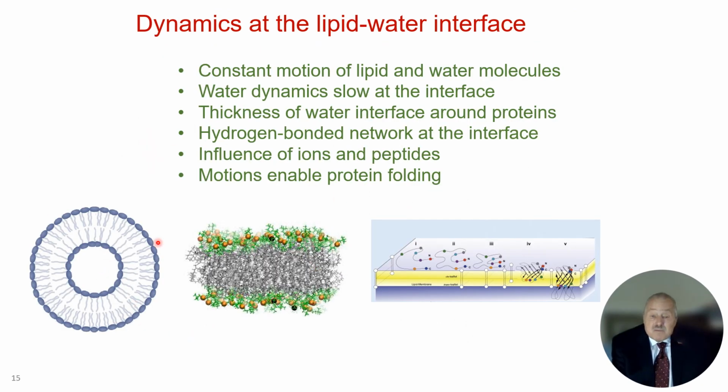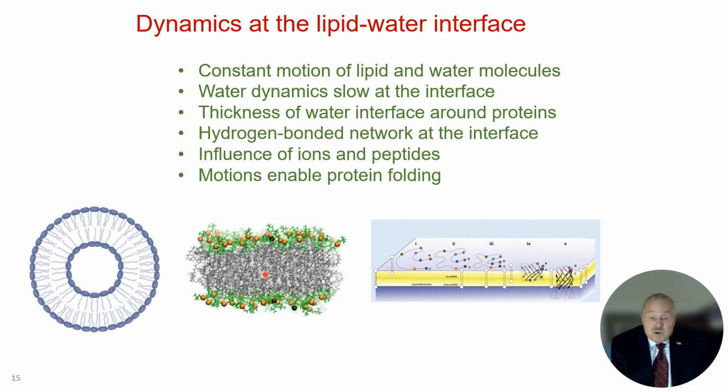So let's switch to some biological application. What is the dynamics at the lipid-water interface? Because we just showed emission spectra of prodan, where the head group would be located at the lipid-water interface. And this is important for a variety of reasons.